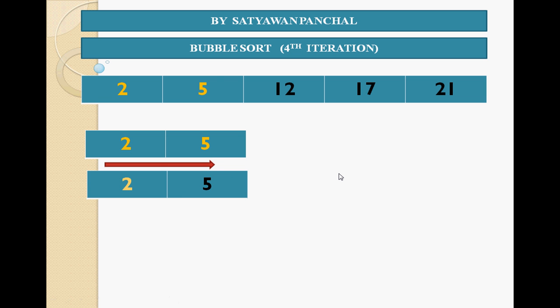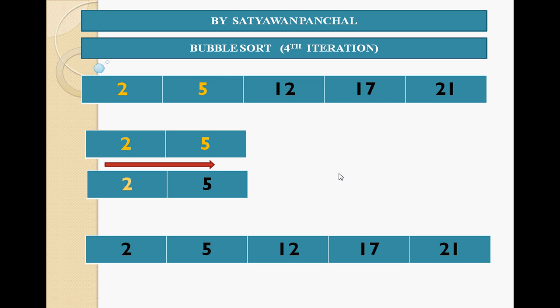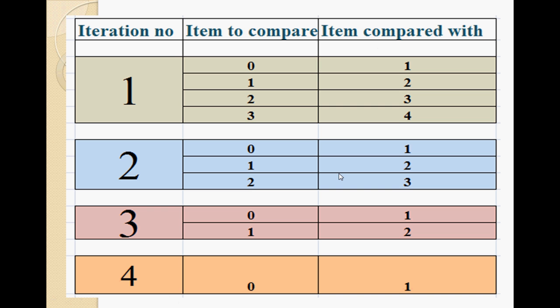It will be on the right side, so it is sorted. So now we can see in the fourth iteration all the elements are sorted. We were having 5 elements, so all the elements are sorted in 4 iterations.